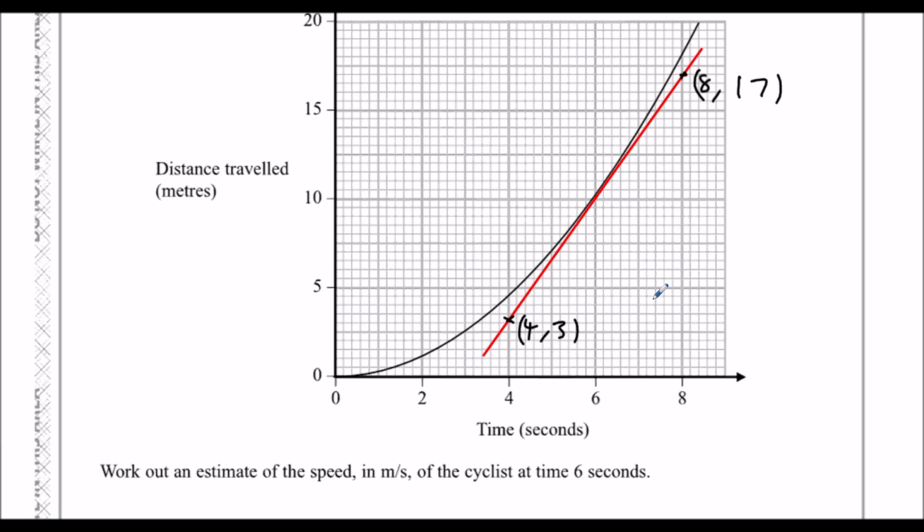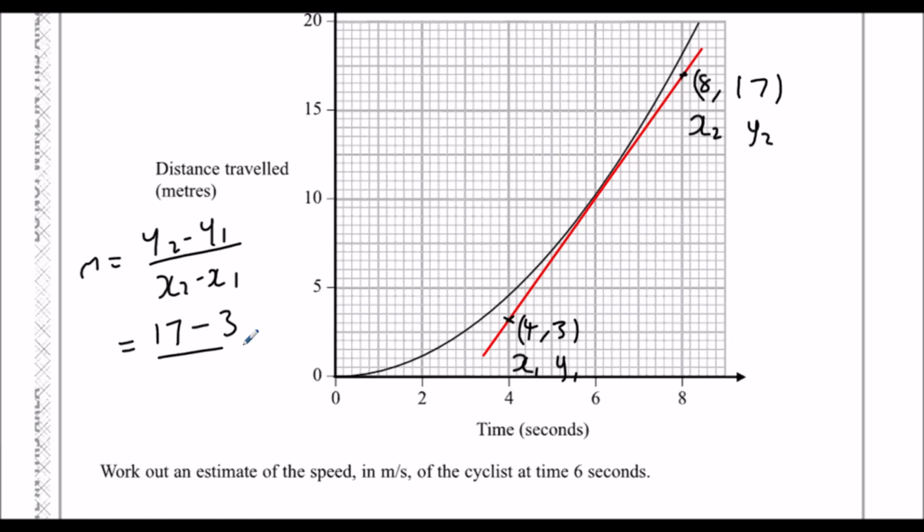So the gradient is the change in y over the change in x. We can use the formula y2 minus y1 over x2 minus x1, the change in y over the change in x. So x1, y1, x2, y2. So it's going to be 17 take away 3 divided by 8 take away 4.